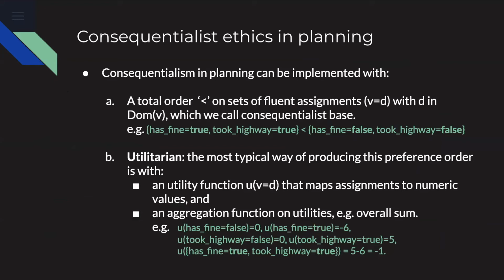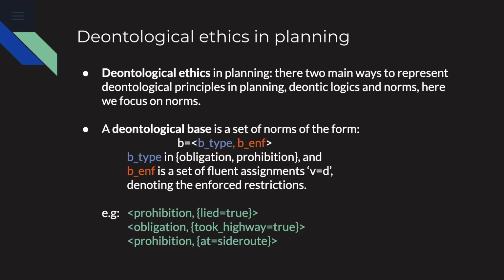So basically, in planning, we implemented it in ASP, which I will get to in a couple of minutes, by just a utility function on the fluents under assignment, and then the deontological by a set of norms, which are of the form of a pair, which are either a prohibition or an obligation, and an enforcement condition, which tell you which fluent assignments should hold and should not hold at a particular state.